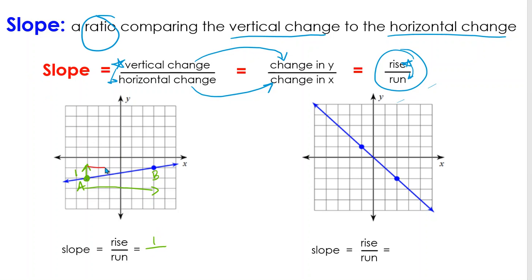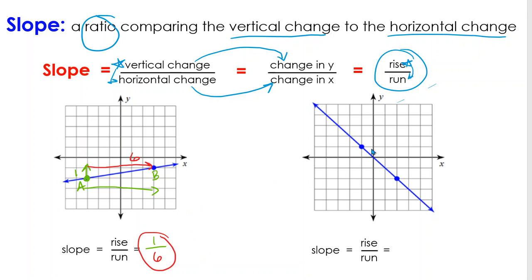Then we see how far to the right we have to go. So that's my run. So we count 1, 2, 3, 4, 5, 6 units. So my run is 6. So my rise over run is 1 over 6. If we got something that needed to be simplified, we would go ahead and do that. But this means that for every 1 unit we go up, we move to the right 6 units.